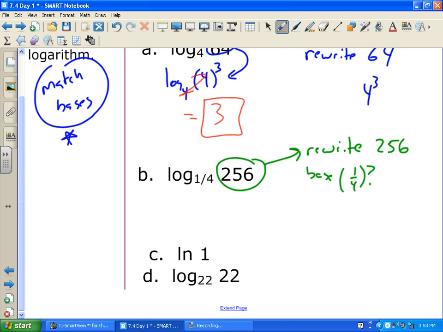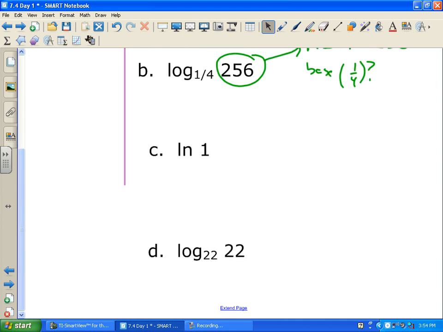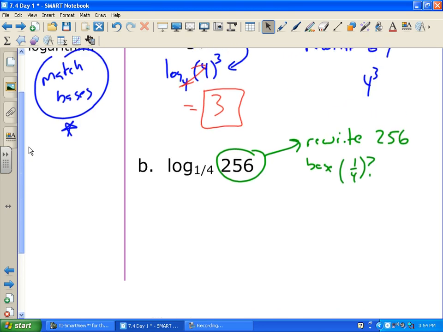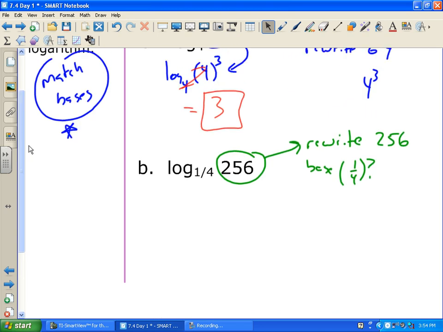Because if I can get them to match up bases, then this problem's pretty easy. I'm going to give us some more room here. Let's see, rewrite 256 as a base of 1/4. I don't even know how to do that, Ms. Wood. Well, let's see. I do know that 256 is 4 to the 4th.